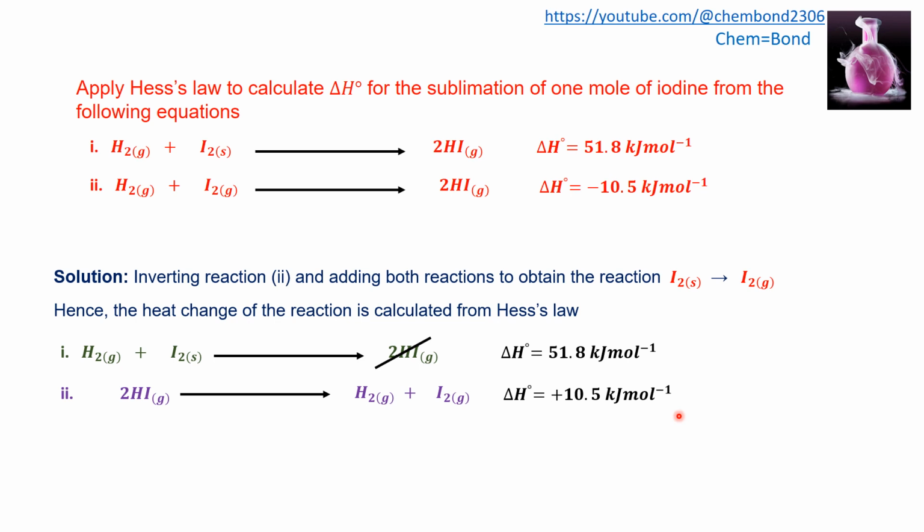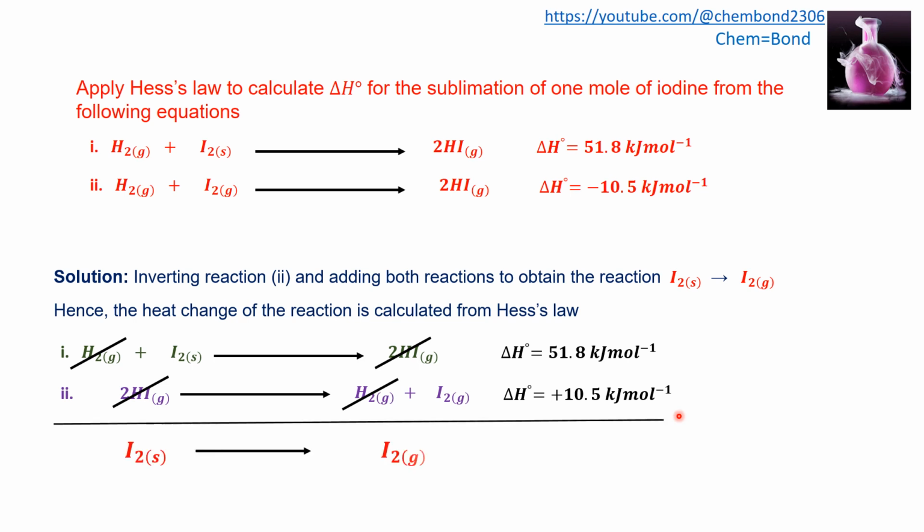Now there are some same terms: hydrogen iodide will cancel out with hydrogen iodide in reaction 2, and hydrogen in reaction 2 will cancel out with hydrogen in reaction 1. So we will get iodine in solid form converted to iodine in gaseous form. That is the sublimation, in which the solid is directly converted to gaseous form.